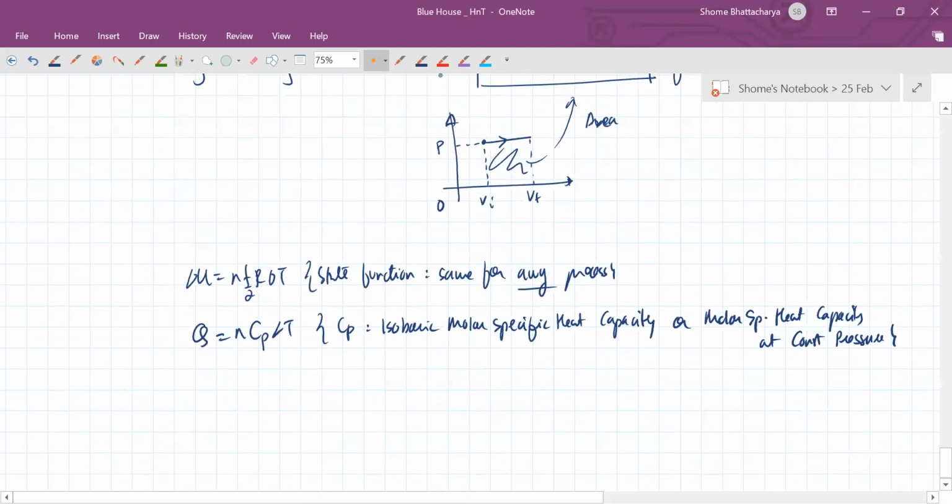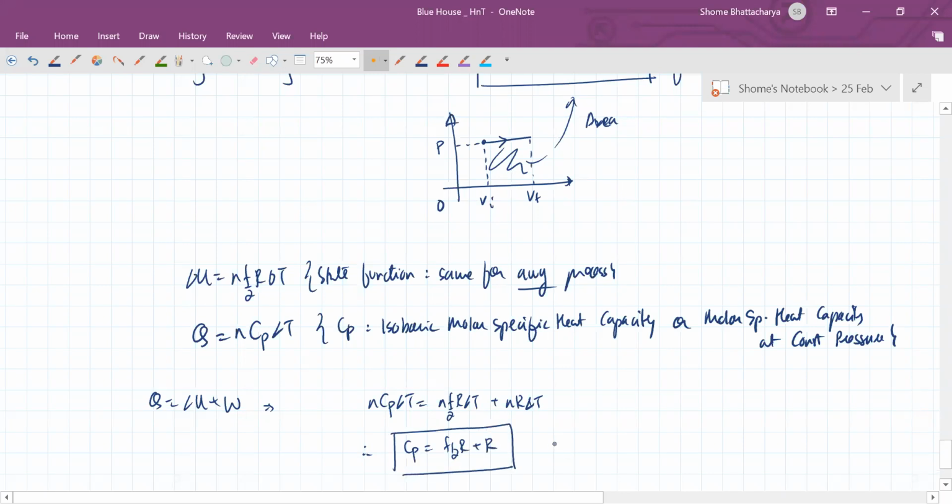Okay, so now substituting these values in the first law, we get the formula that Cp is equal to F by 2 R plus R, or Cp is equal to Cv plus R. So this is an important formula.